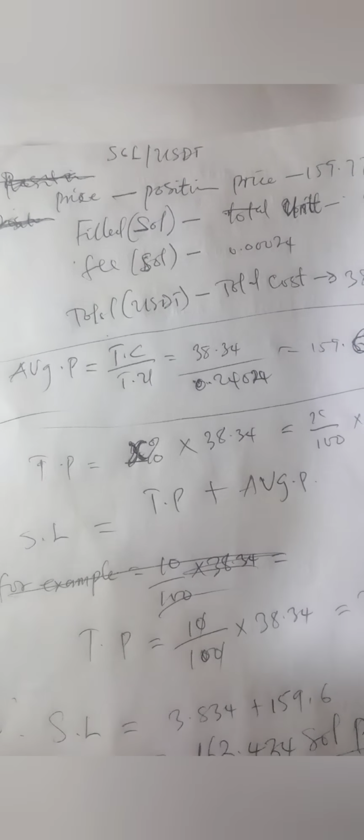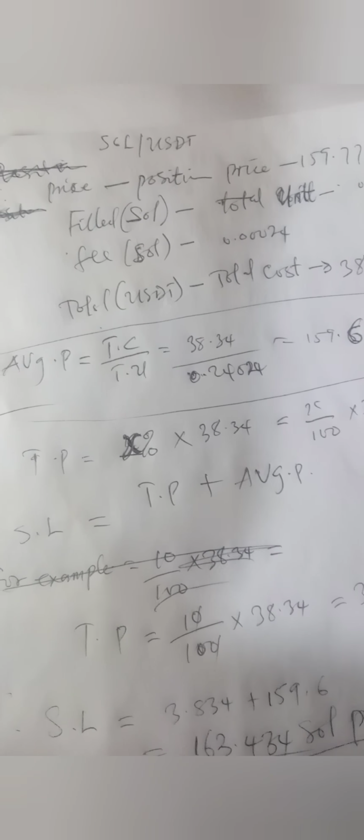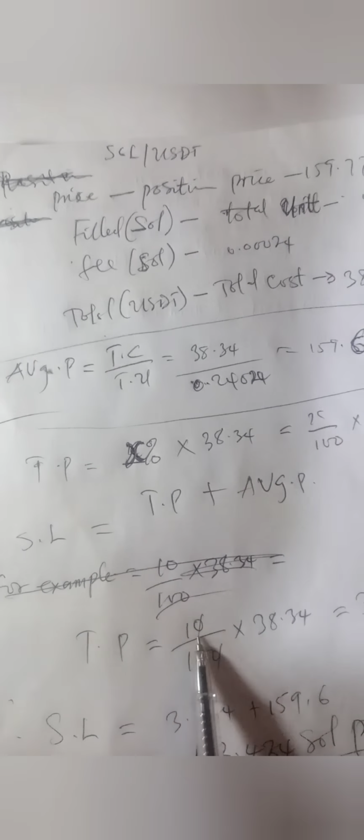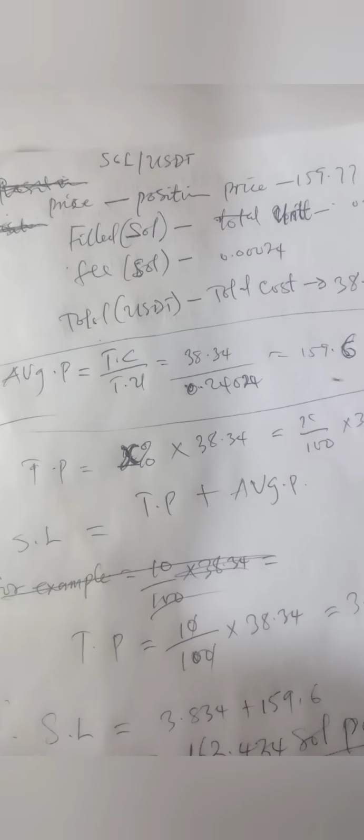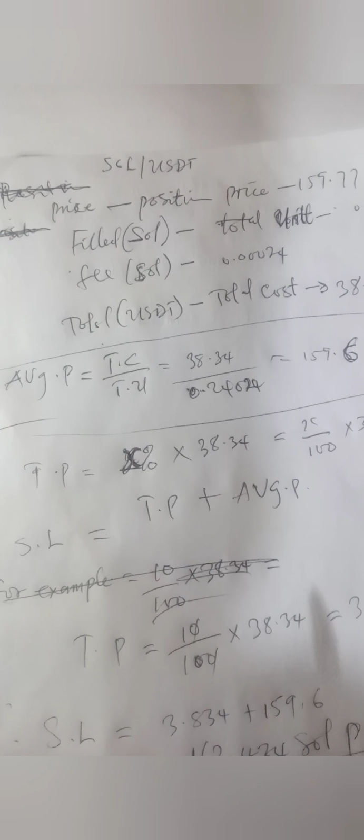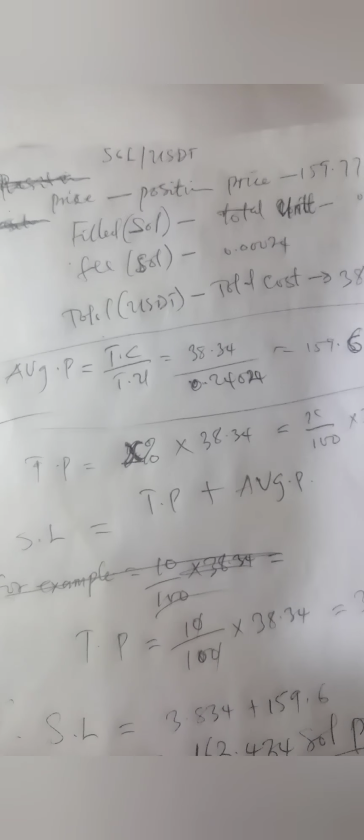Now assuming that your X is 10, assuming I decide to take 10 as my take profit rate, because the 10 is not actually your profit but your take profit rate. So it goes with 100. In other words, your take profit percentage, the percentage at which you want to take profit.